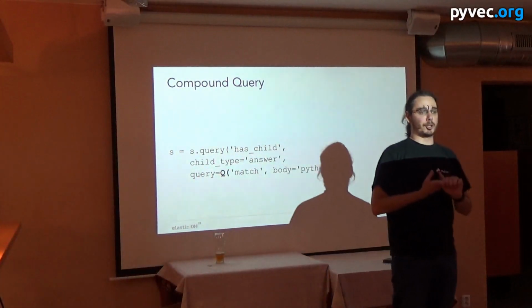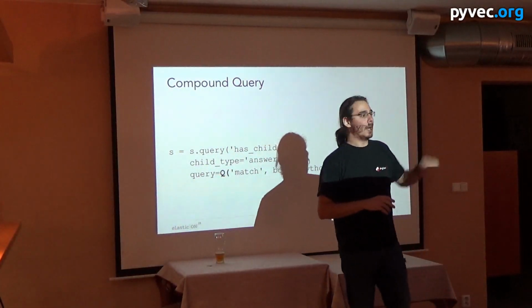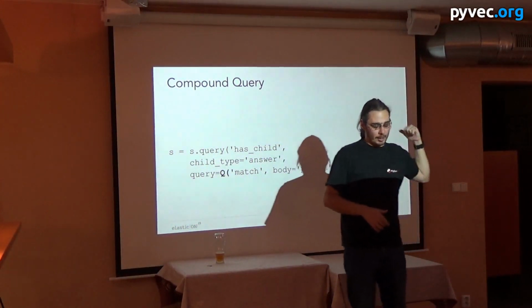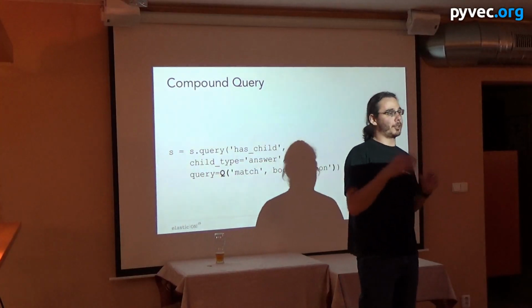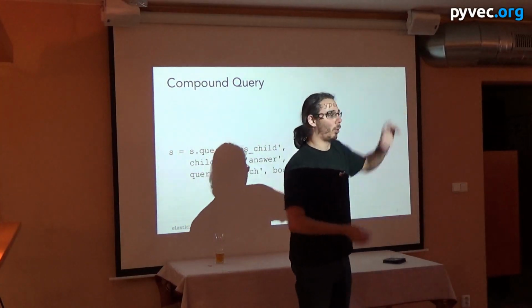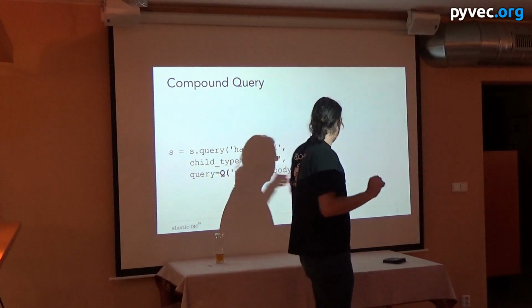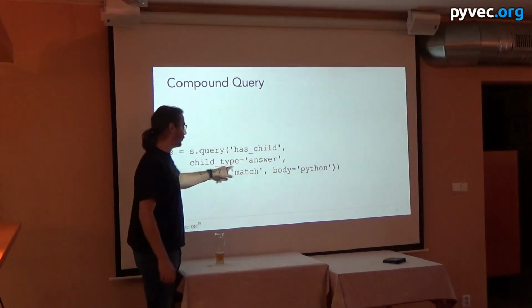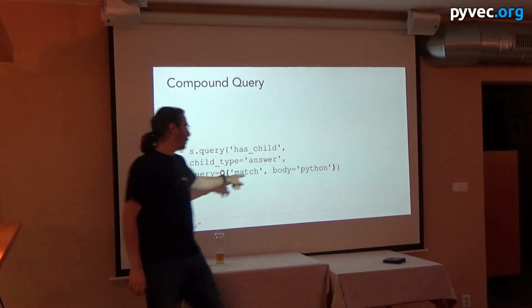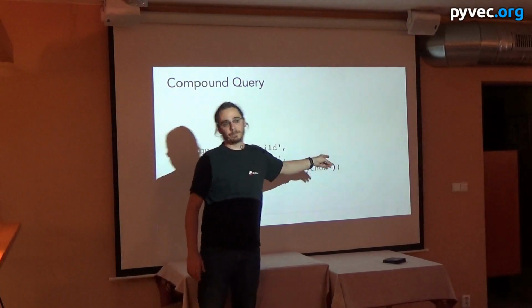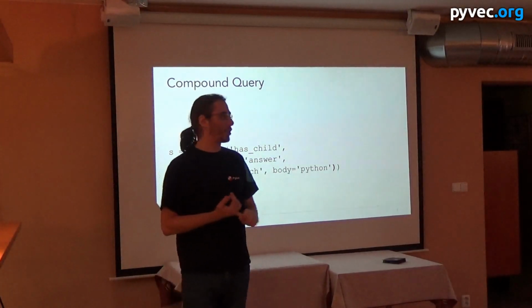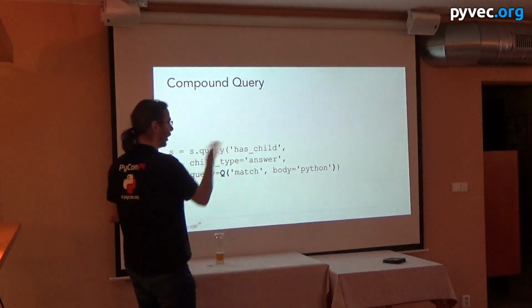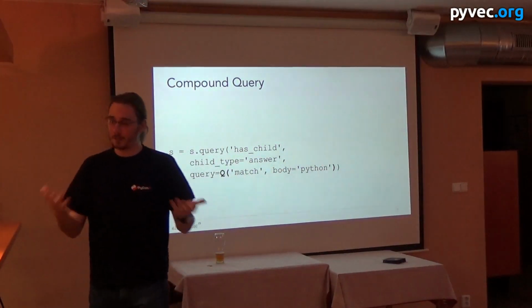The first one of those relationships is between a parent and a child, so a one-to-many relationship. In our case, we've used that to capture the relationship between a question on Stack Overflow and a set of answers. So now we're asking for a question that has a child of type answer, whose body matches Python. Essentially, someone asked a question about PHP, and the answer mentions Python. So far, so good.